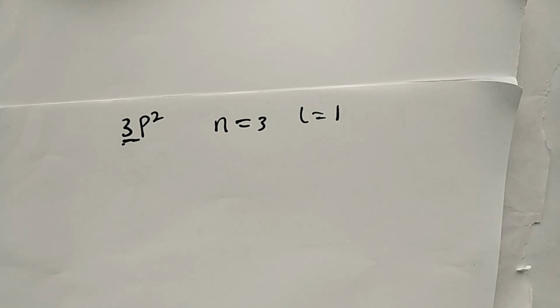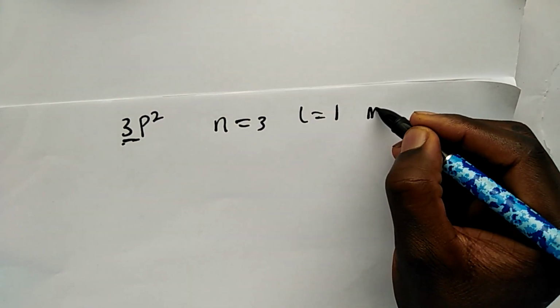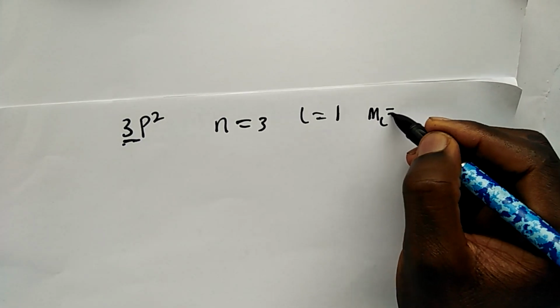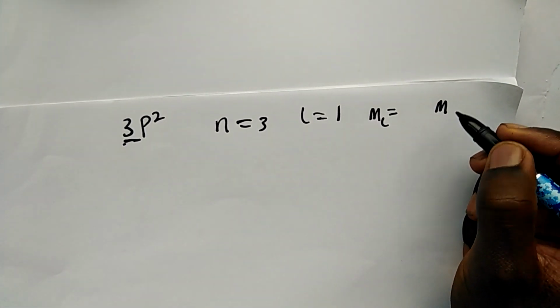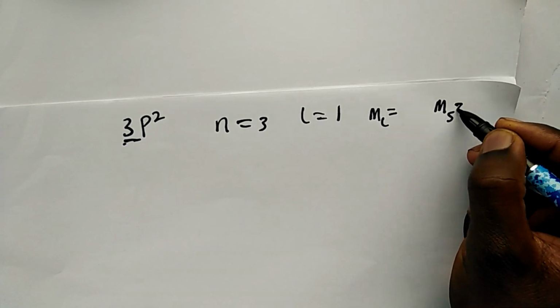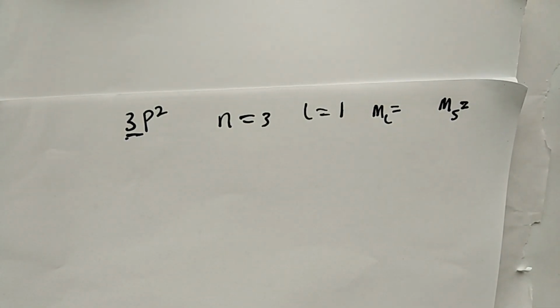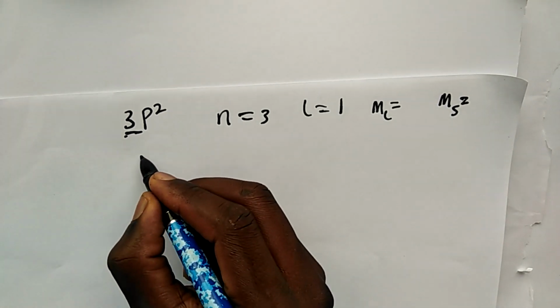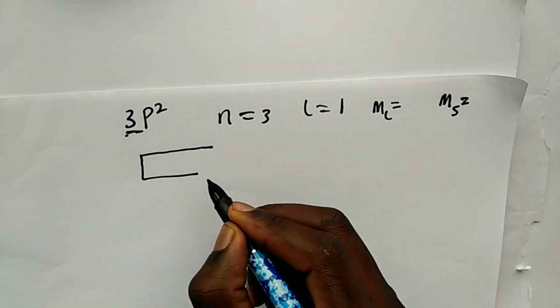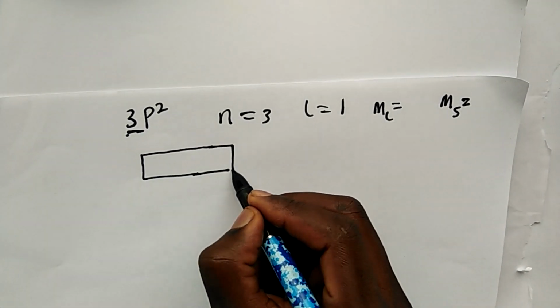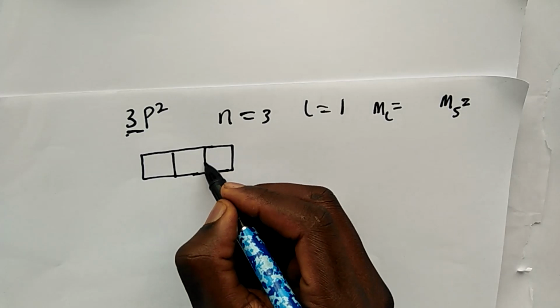Now, to find the ml and ms. For ml, we will draw the orbital diagram, and by the way, p has 3 degenerates, so you draw the orbital diagram according to p: 1, 2, 3.